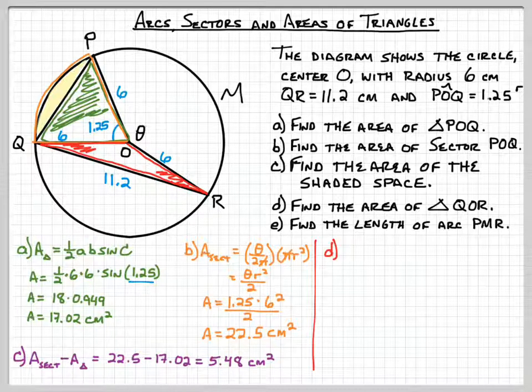Since we have all 3 sides, we could pick any angle: Q, R, or O. Since looking at problem E, we're going to need to find the angle of PMR, which means we'll need the length of arc PMR and we'll need to know what theta is. So instead of choosing Q or R, I'm going to choose angle O, because I'll be able to use that later.